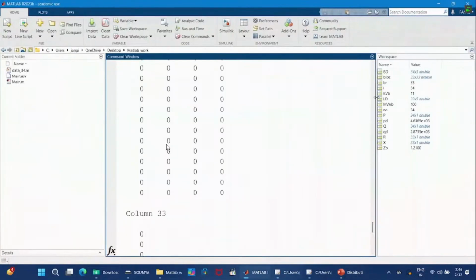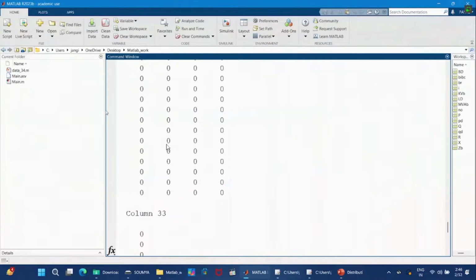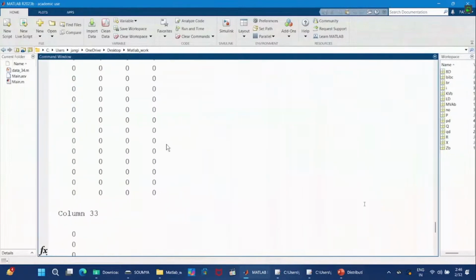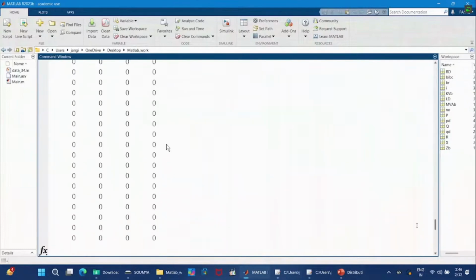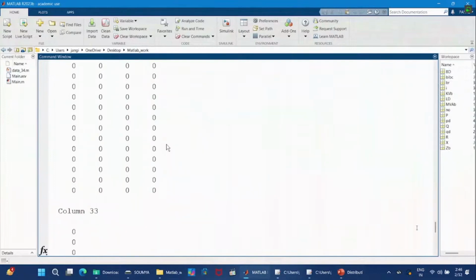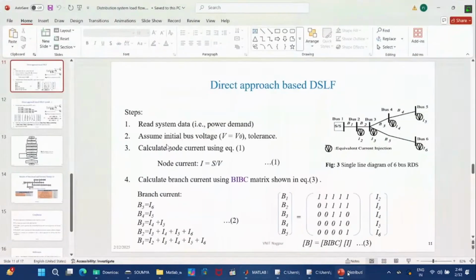Here I have defined initially a 0 matrix, so it's coming 33 cross 33. I hope a 0 matrix is coming, the initial formulation. Simply what we have done is, initially we create this matrix based on the number of branches.